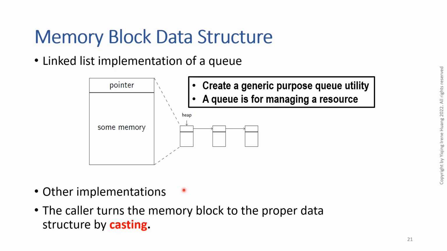That's one way of implementation as well. And then for the generic purpose queue utility, you can use C language casting to cast the generic queue data structure to the specific node structure you're managing.